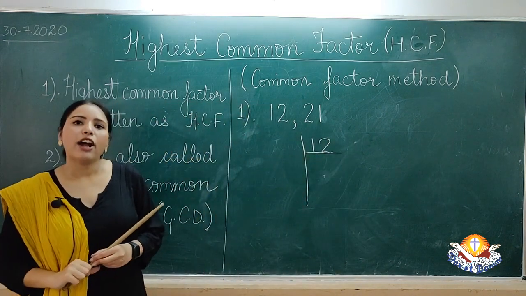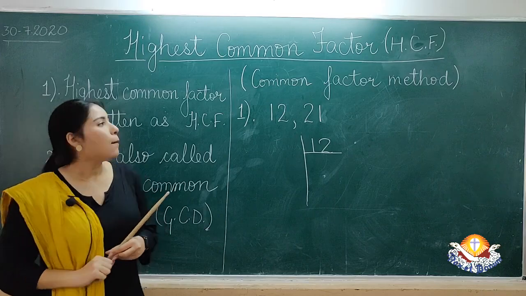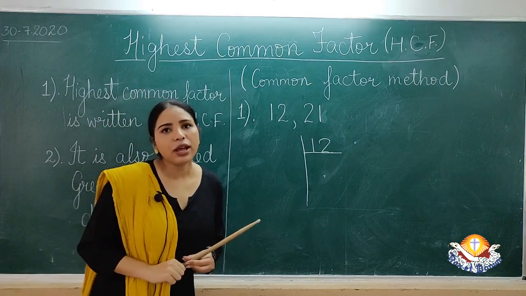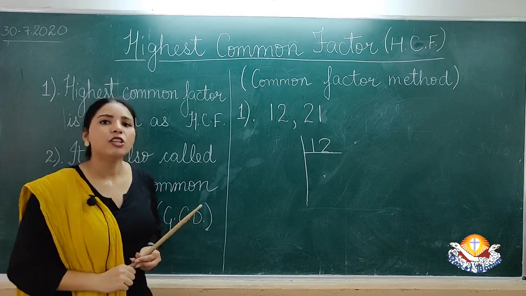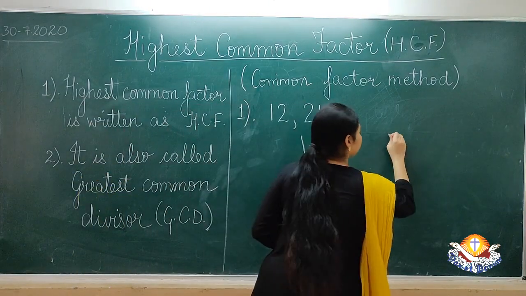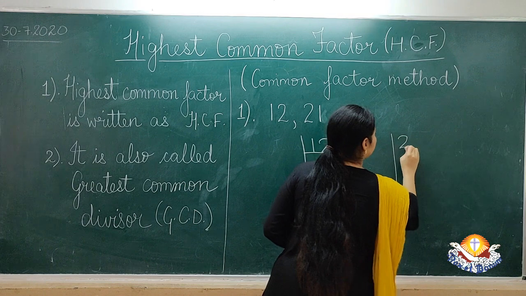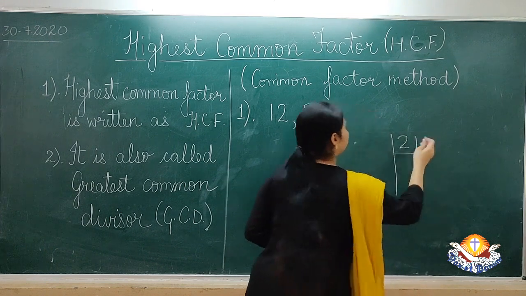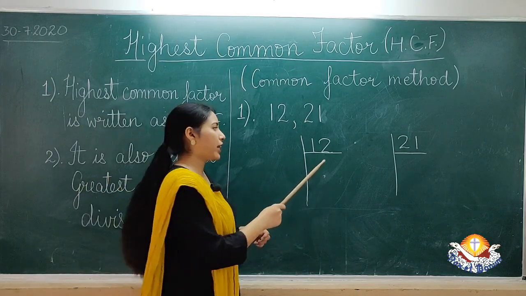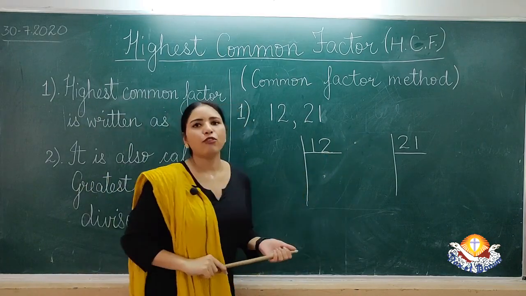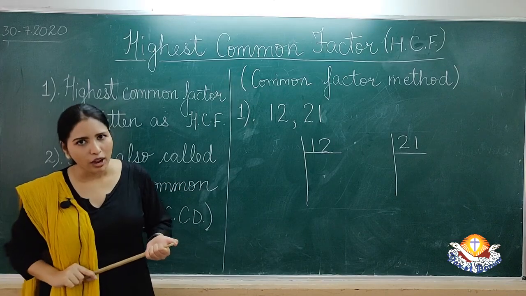Here we are going to make similar tables, but as there are two numbers given in this sum, we will have to make two tables. So here we have the first table for the number 12 and the second table for the number 21.